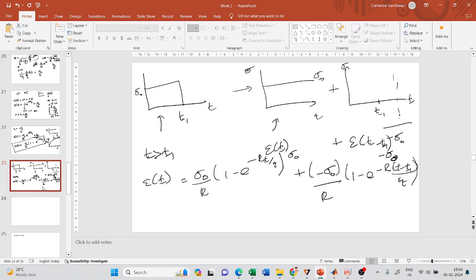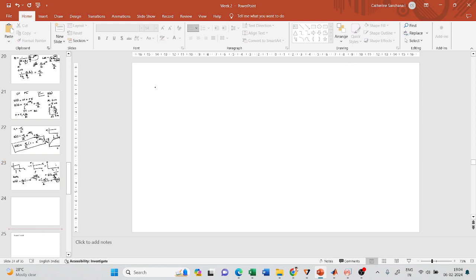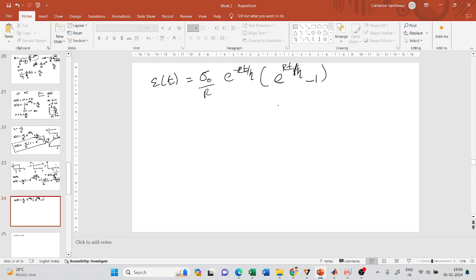Now let us expand this. This and this will get cancelled, this and this will get cancelled here. If you see, it is going to be sigma naught by R into e power minus R t by eta into (e power R t1 by eta minus 1). You can check this later. Now let us go to Berger's model.